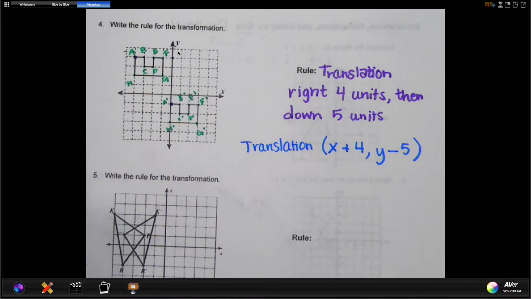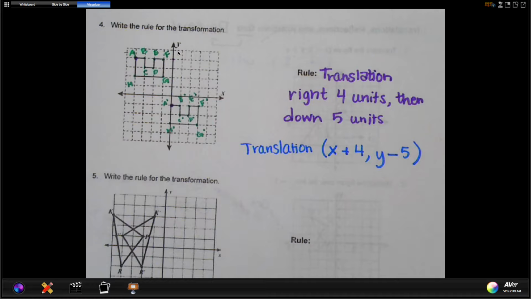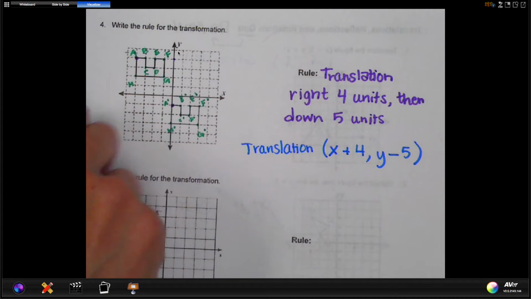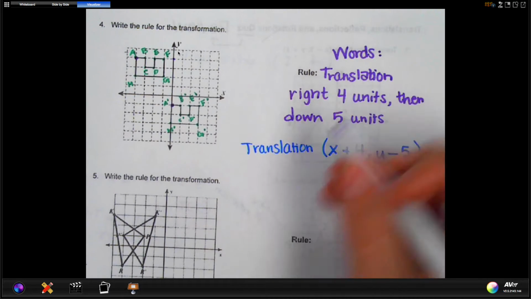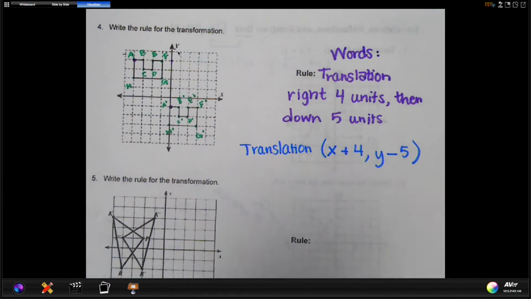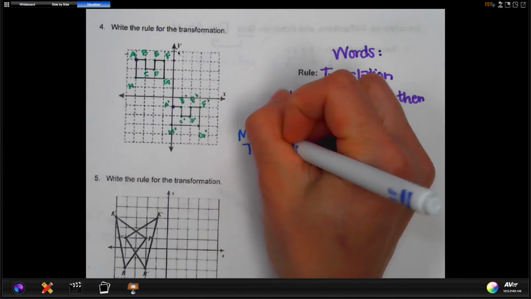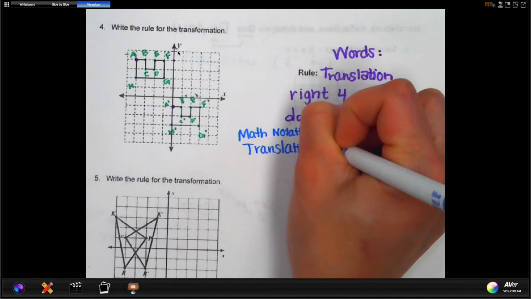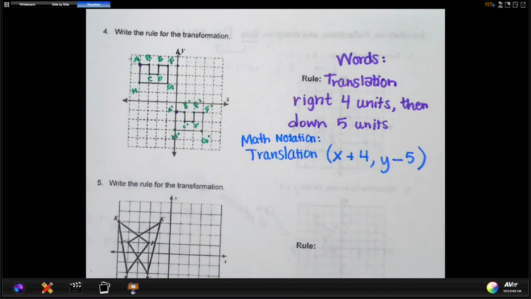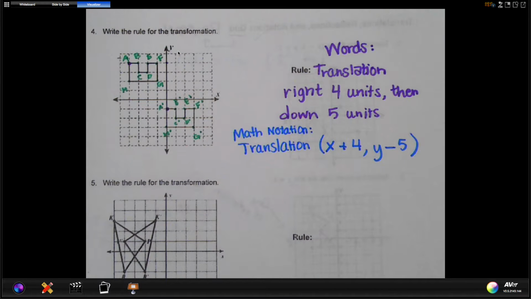That's how we would write that in mathematical notation. This top one is in words. The bottom one is math notation. Although technically both are correct, we want the mathematical notation for this quiz.